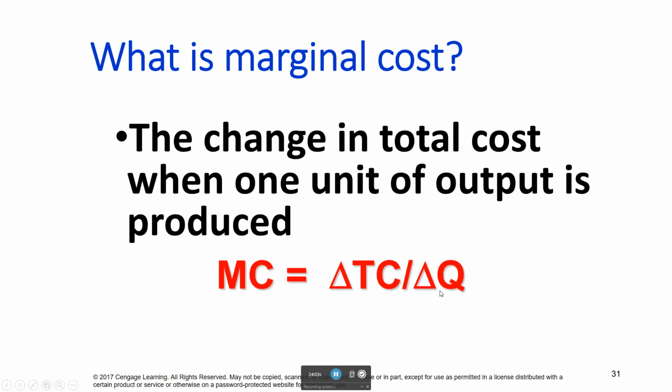So let's say it cost me $1,010 to produce 4 pizzas. If I wanted to produce 5 pizzas, it might cost me $1,015.